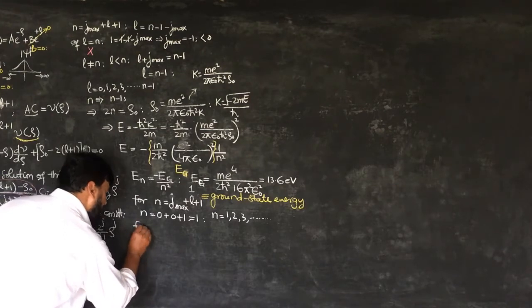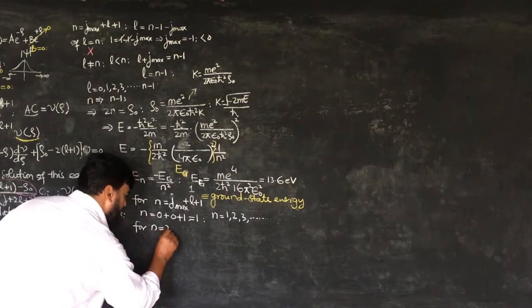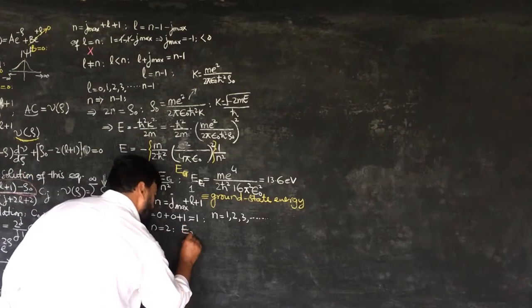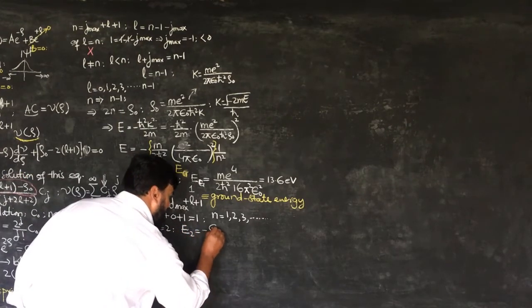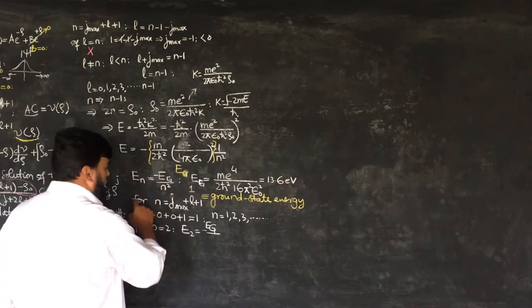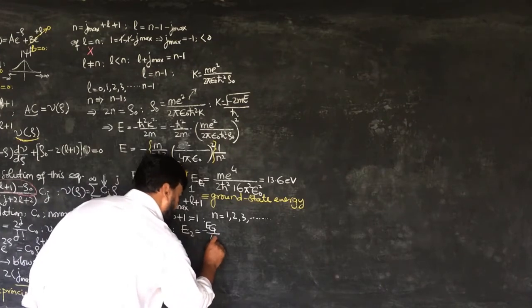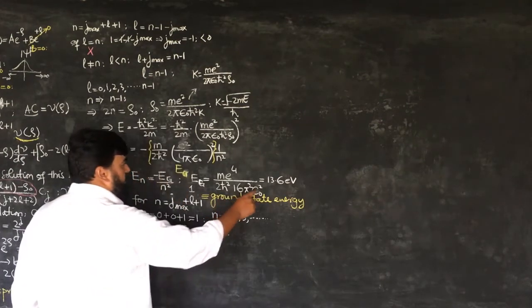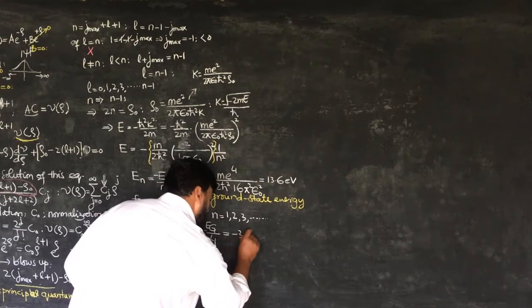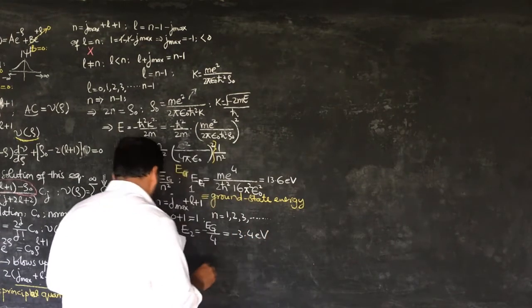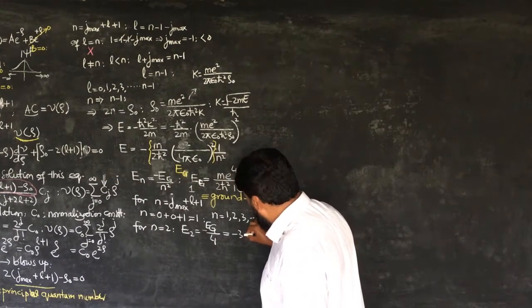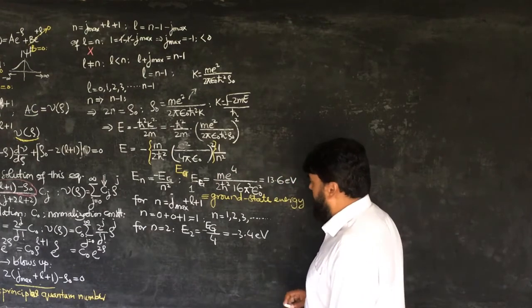Similarly, for n equals 2, we are having the energy E2, the ground state energy Eg by 2 square. So we will have 4 here, and if I divide 13.6 by 4, I will get 3.4 electron volt energy, which is the first excited state of hydrogen atom.